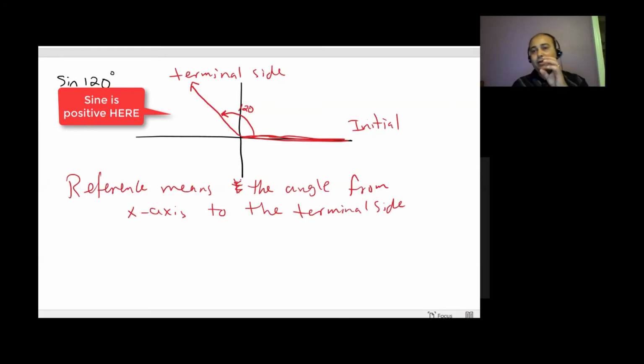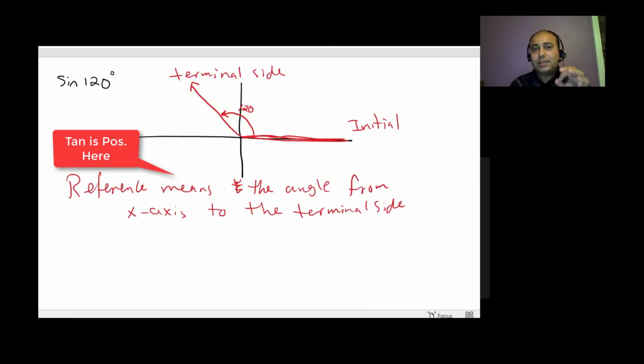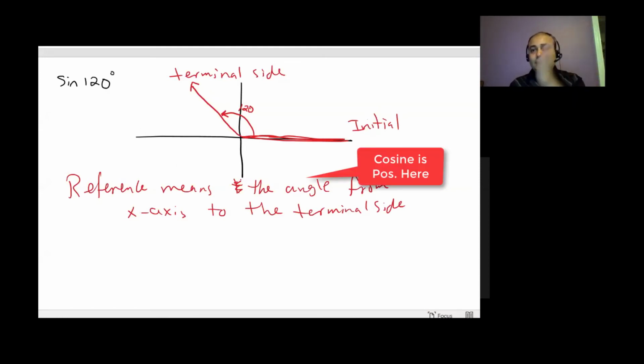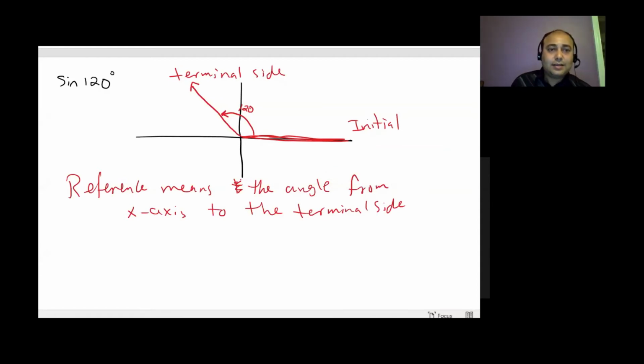If you want to write any angle, the original position is supposed to start with the x-axis, and that's your initial side, and the terminal side is the other side of the angle. So the reference angle is the angle from the x-axis to that one right here. If I want to find the reference angle, it is the angle from here down all the way to the x-axis.